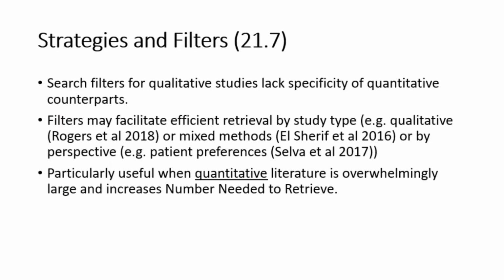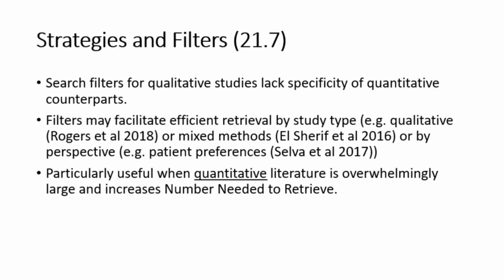On to the next S, strategies and filters. The search filters for qualitative studies, again, are less well developed. But they lack the specificity of quantitative counterparts that have been developed over many years.